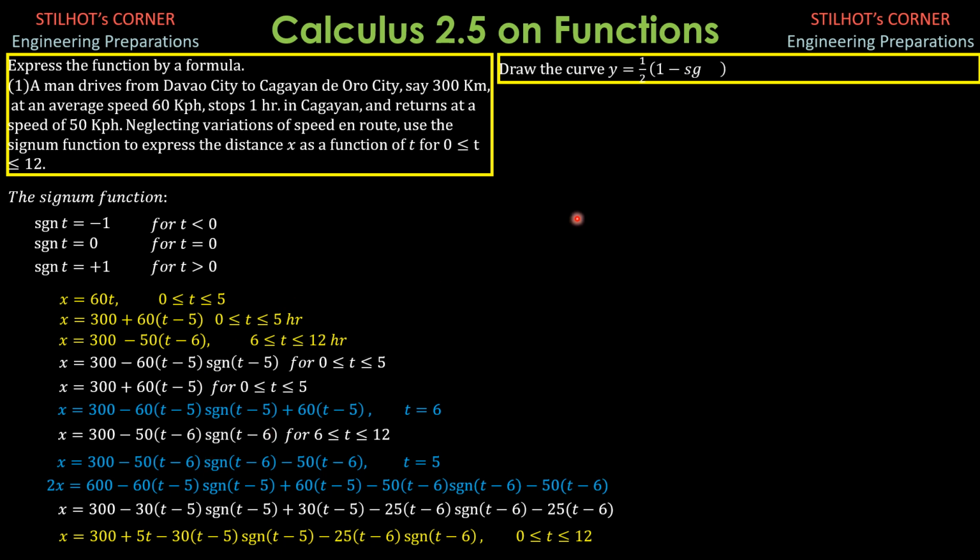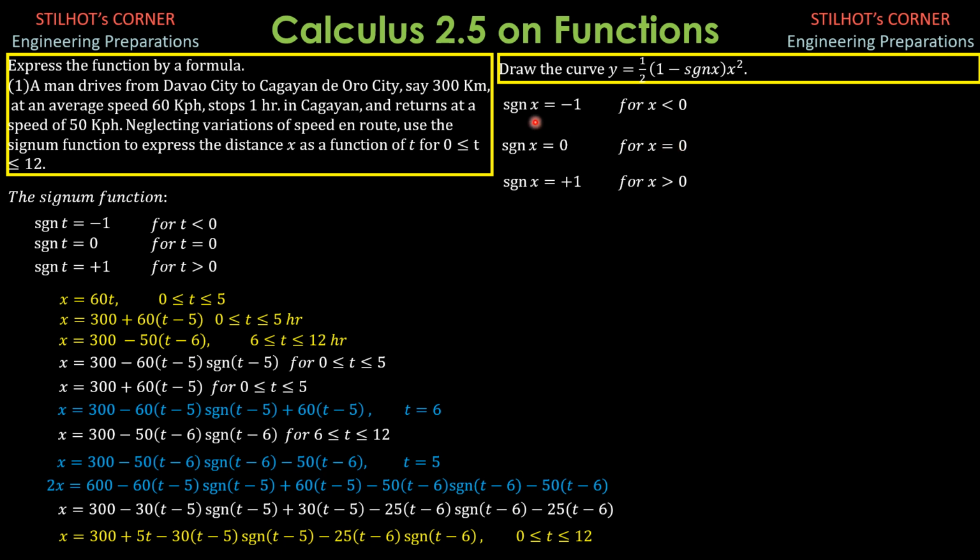For the second part, draw the curve y equals 1/2 of (1 − sgn x) times x squared. So remember that sgn x is equal to −1 if x is less than 0 or x is negative. Then it is equal to 0 if x is exactly 0, and it is equal to +1 if x is positive or x is greater than 0.